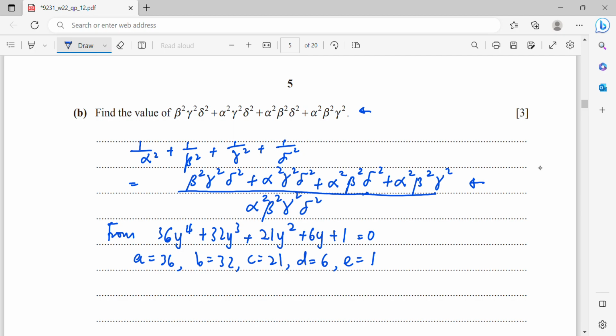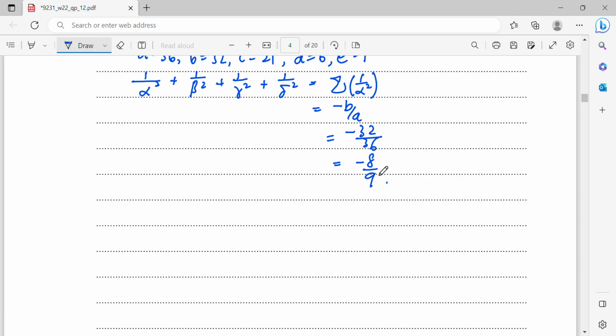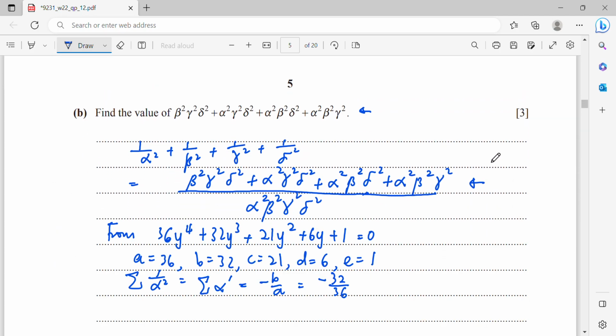So the summation of 1 over alpha squared is the same as the summation of alpha prime. I let my alpha prime be 1 over alpha squared, 1 over beta squared, 1 over gamma squared, and 1 over delta squared. So here will be minus b over a, which is negative 32 over 36, or you can say that it is the same as negative 8 over 9.